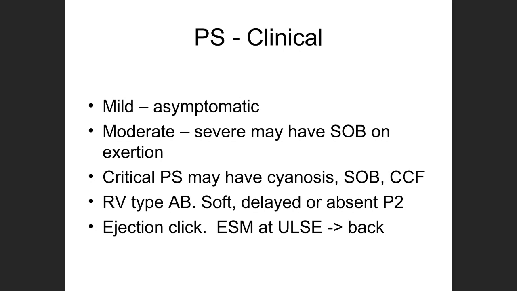And so it will appear single in some instances. In some patients, there is an ejection click during systole, and particularly in patients who have stenosis at the level of the valve, they get an ejection systolic murmur at the upper left sternal edge, and this may be heard in the back as well.